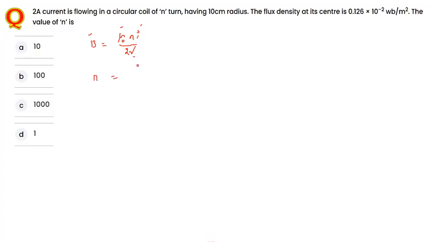N is equal to 2R into B value, what they have given, that is 0.126, B divided by mu naught into I. Now you just substitute all the values over here. 2 into R value here is 10 centimeter, that is 10 into 10 power minus 2 meter, into the B value they have given, 0.126 into 10 power minus 2.